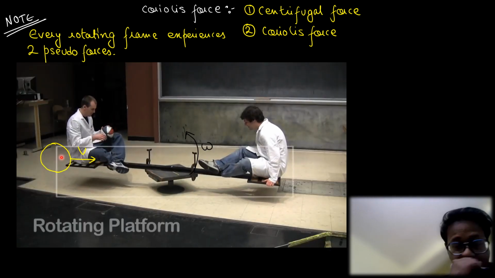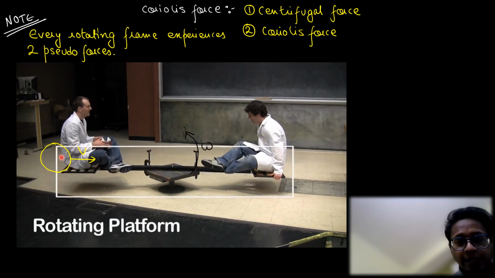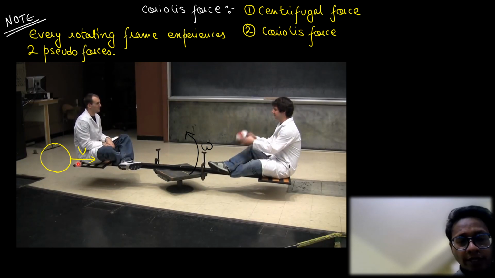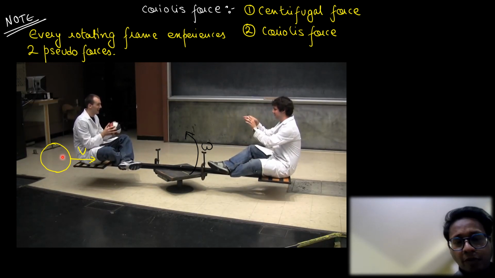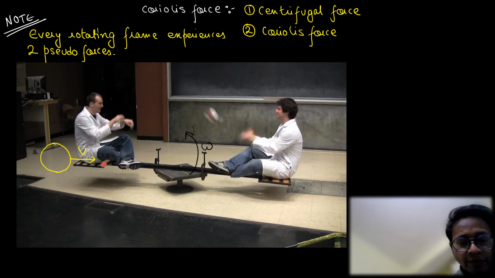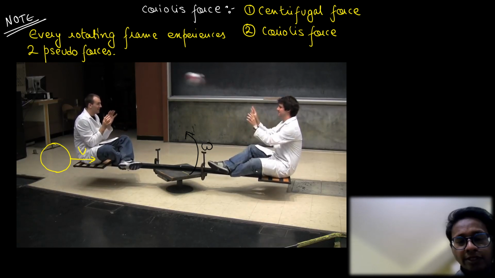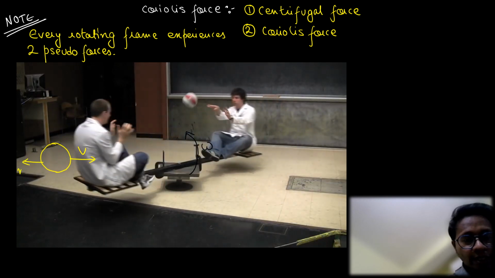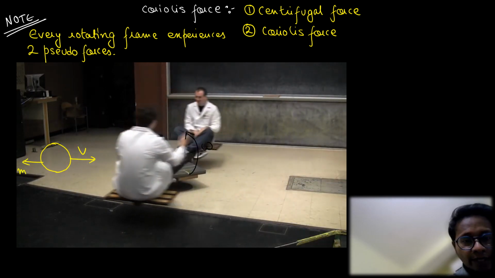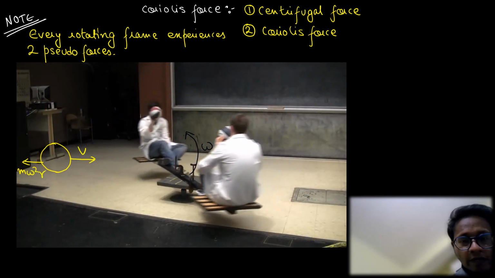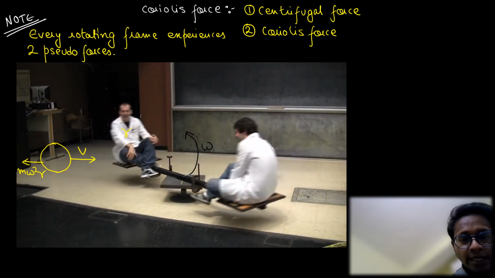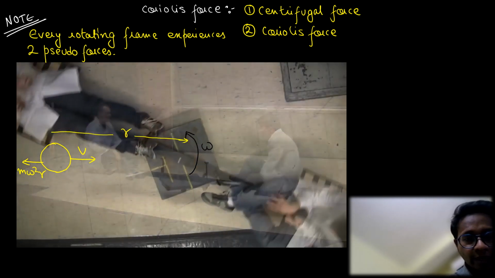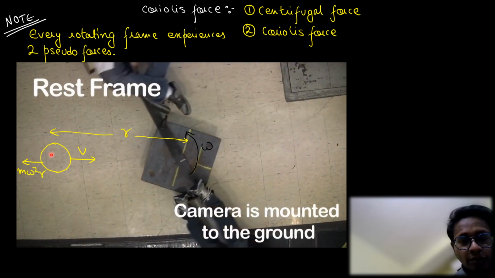Now see, if we take only the account of Coriolis force, the ball out here is thrown with velocity v. The ball should go up and the centrifugal force should pull it back. What is the direction of centrifugal force? The direction of centrifugal force is m omega square r in this direction, where r is the distance between the axis of rotation and the ball. So this ball was thrown in a straight line.